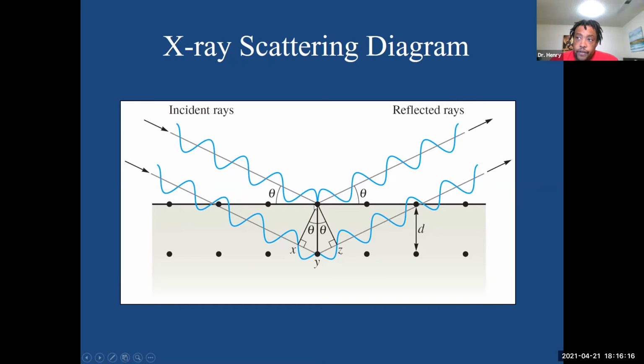And this angle will be the same angle that is going to be associated with the wavelength, which is represented by this and this. So it'd be the sum of xy plus yz is going to equal lambda.